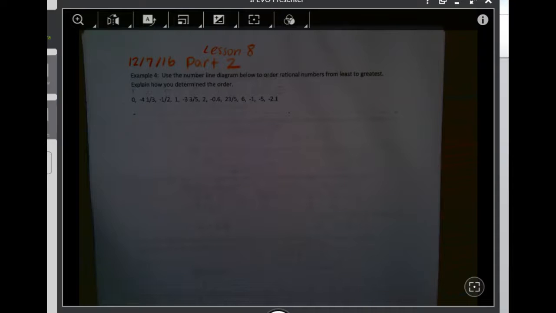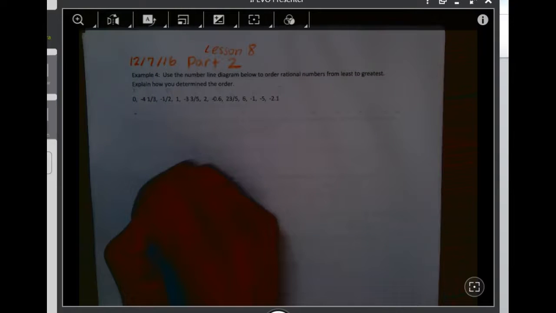Now let's work on our example 4 for part 2 of lesson 8. Use the number line diagram below to order rational numbers from least to greatest. Explain how you determine the order. So before we begin placing our numbers on the number line, let's do a few things. So I'm going to list some steps.